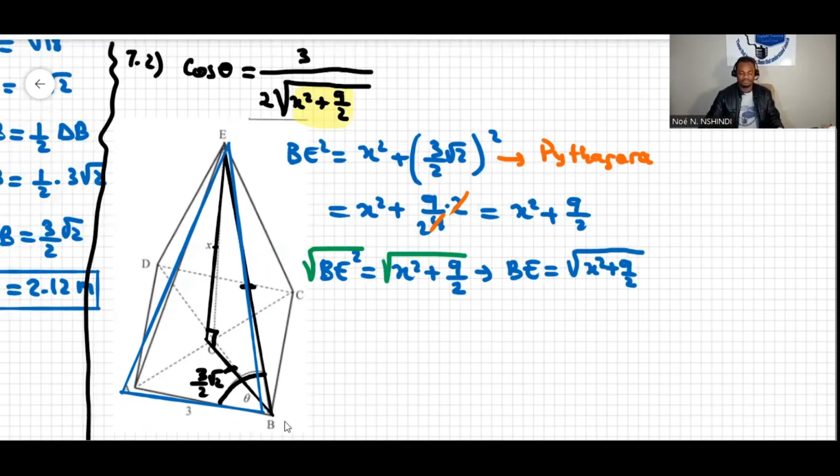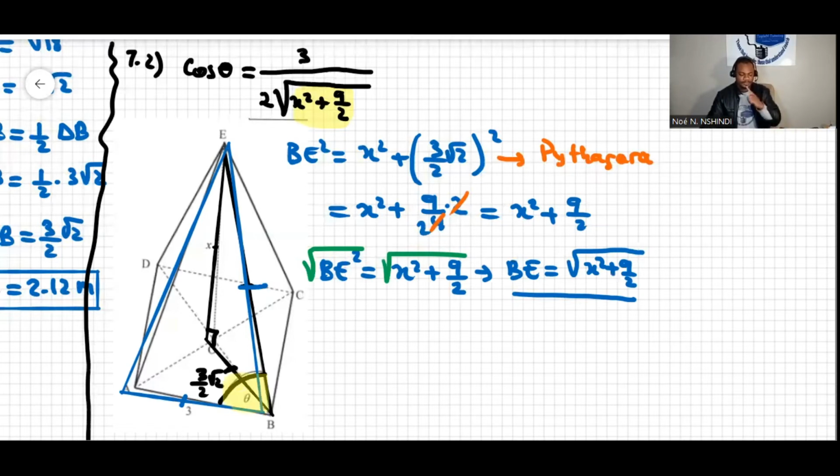Now we got BE. We have BE and we also have AB, but we don't have AE, because that's the triangle where we have the angle theta.